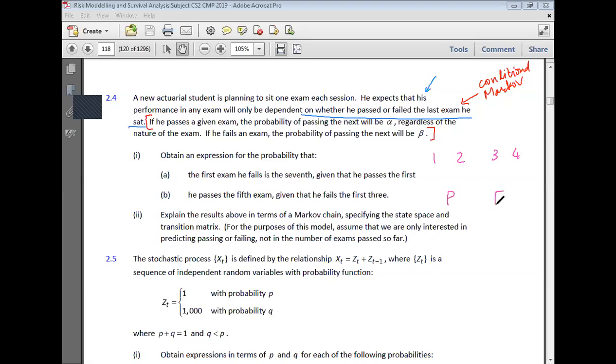Vanshita says it should be just pass and fail. What exactly are you trying to say there, Vanshita? Can you elaborate? I mean, this is the result of the exam, right? Pass and fail.